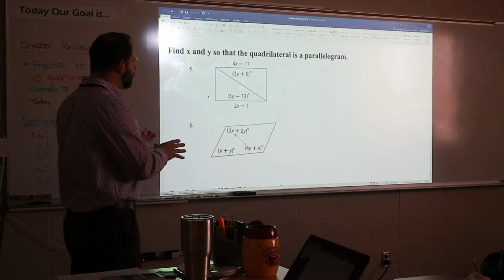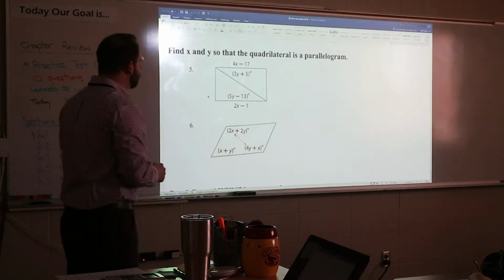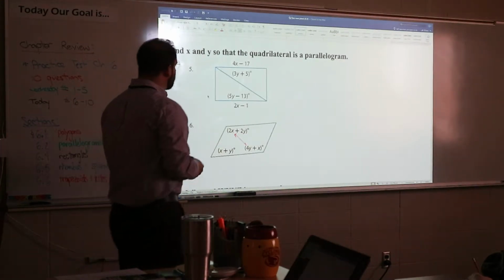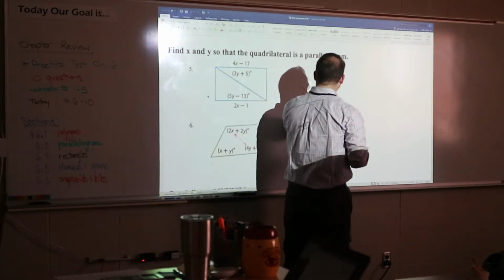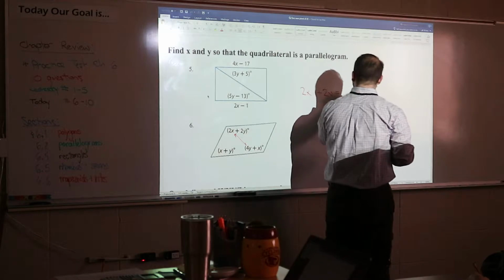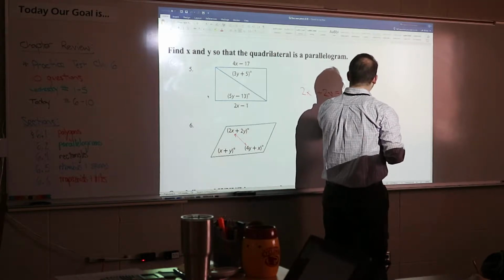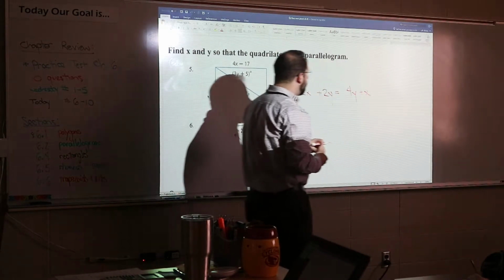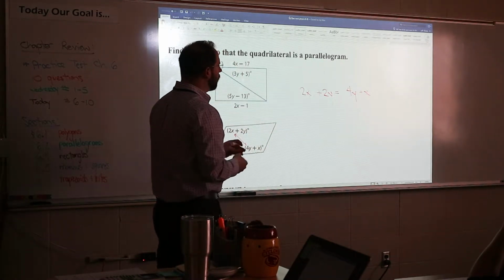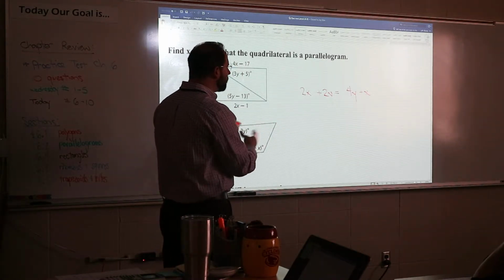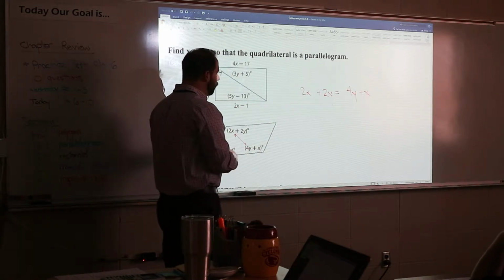Now, I consider this problem significantly harder than the other one, but let's talk about how to solve it. If I set those equal to each other at first, 2x plus 2y equals 4y plus x. I'll solve that equation, or at least simplify it, because I really can't solve it, it has two variables in it. Once I have this simplified, I'm going to stack it with the other equation.